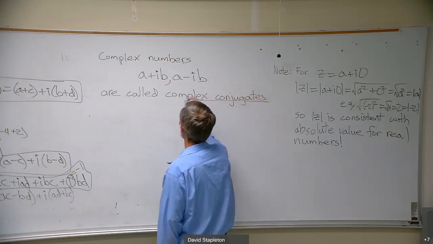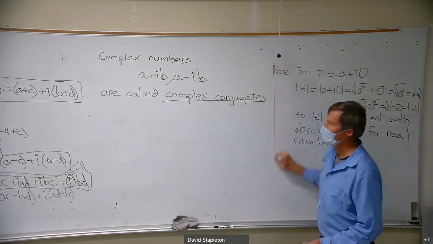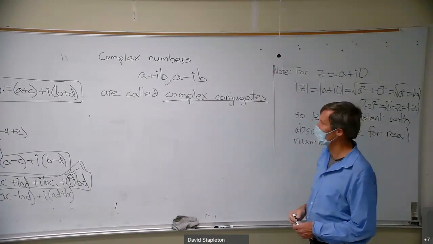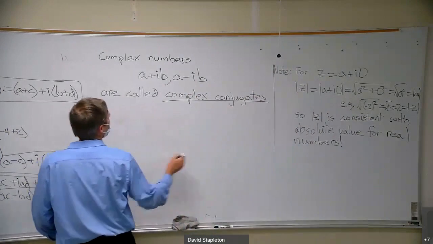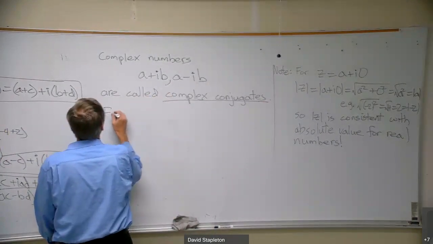They have the same real part and minus each other's imaginary part, we call them conjugates. They have a really great property that when you multiply them, all the imaginary parts fall out.